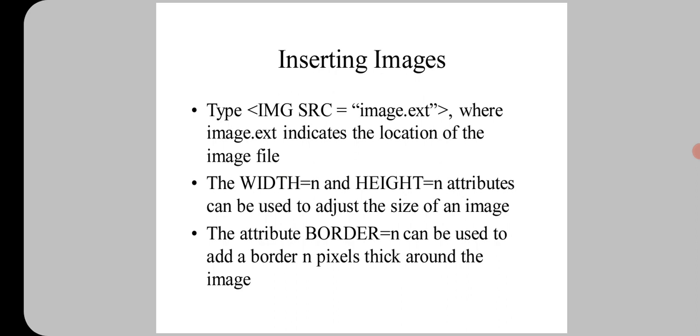The attribute border equals n can be used to add a border for a given image. So there are three parameters used with the IMG SRC tag: width, height, and border. The width parameter changes the width of the image, the height parameter changes the height of the image, and the border parameter changes the thickness of the border of the image.